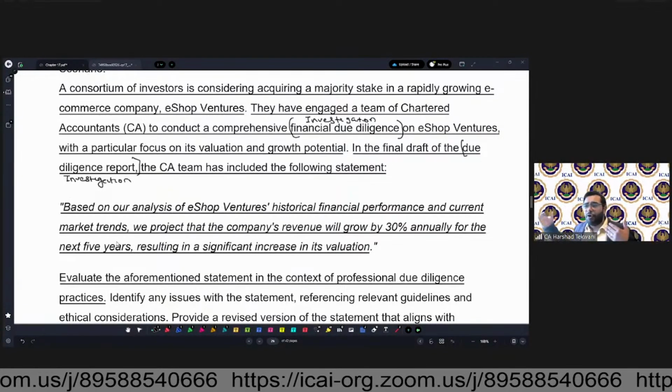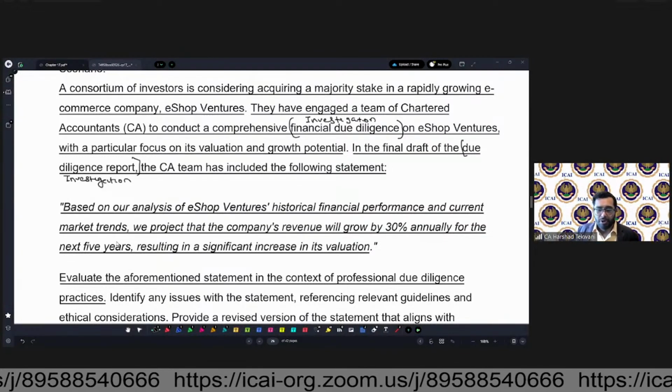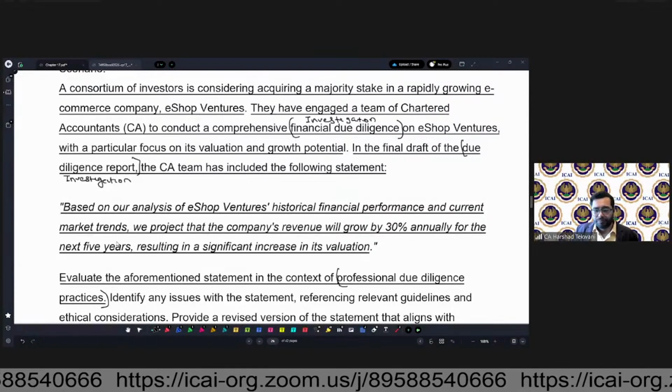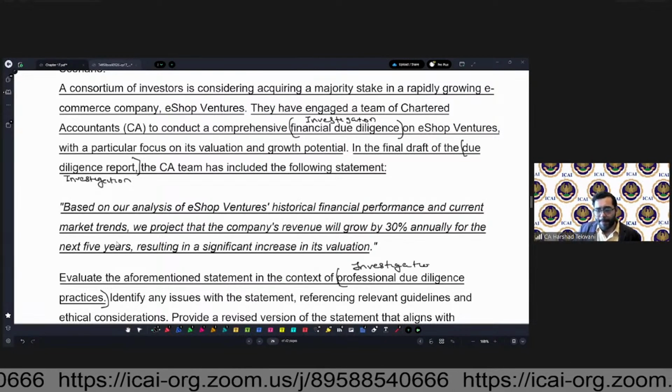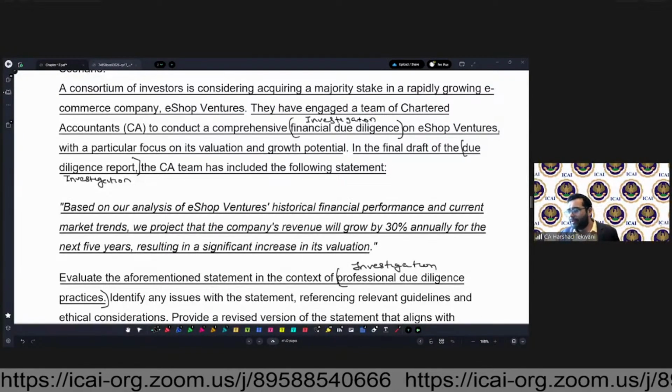So this is applicable for both financial due diligence as well as investigations. So tell me, what is the problem in this particular statement over here? What is the problem in this statement?